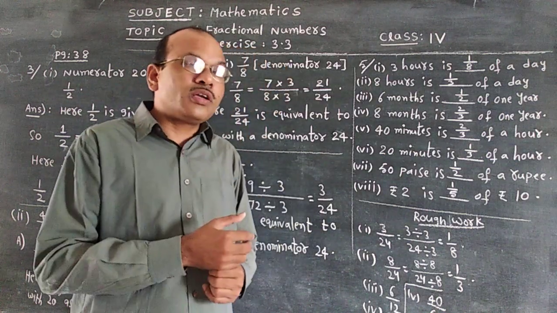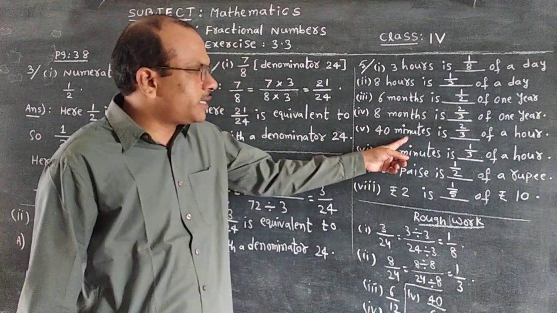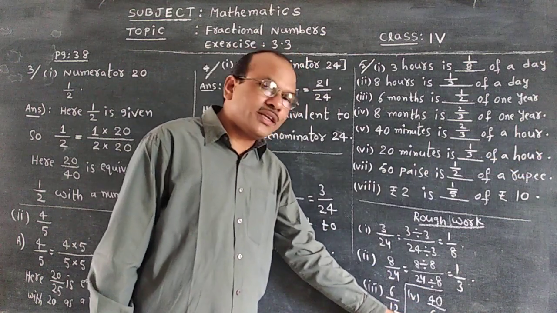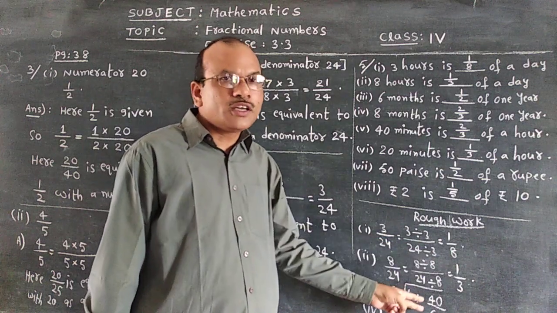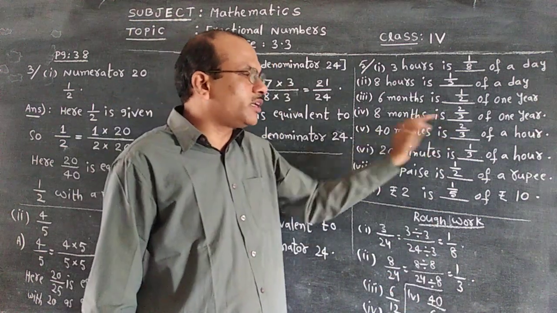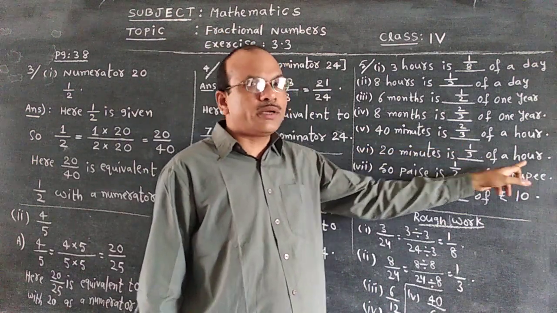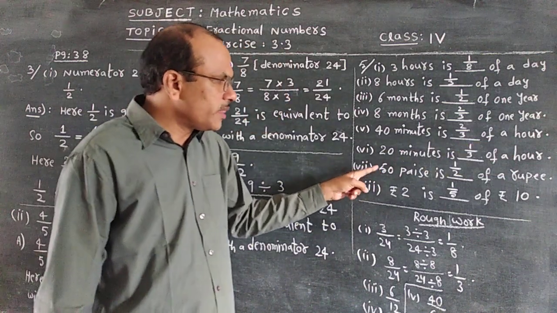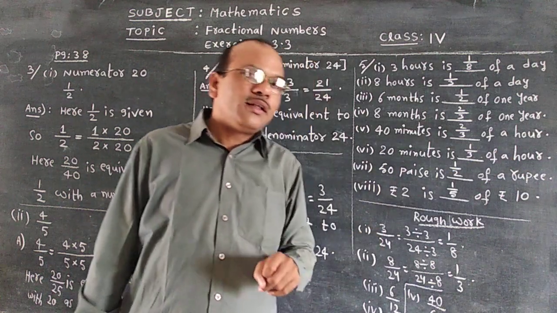That's why 40 minutes out of 60 minutes. 40 by 60 we have to write. And we should follow this type of division in order to cancel them. Then the final answer you will get is 2 by 3. In the same way for 20 minutes, 1 hour means 60 minutes, then 20 by 60.